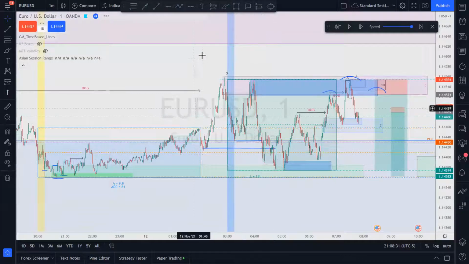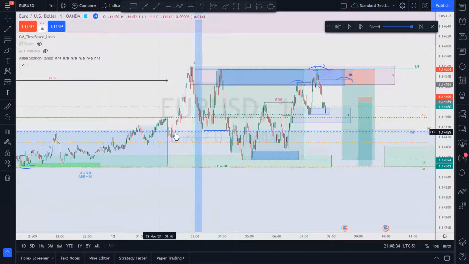It also happens to be this orange line running through here is the previous daily low. So we know price is going to want to do some work down there. It's going to work that low, all right? We got the London low, we got the Asian low down here.